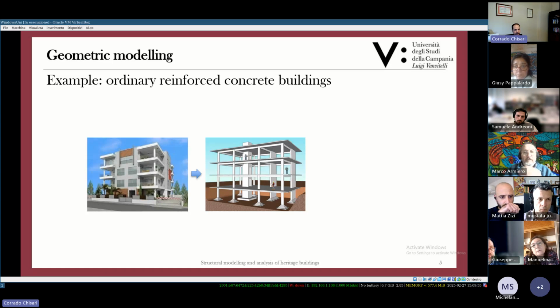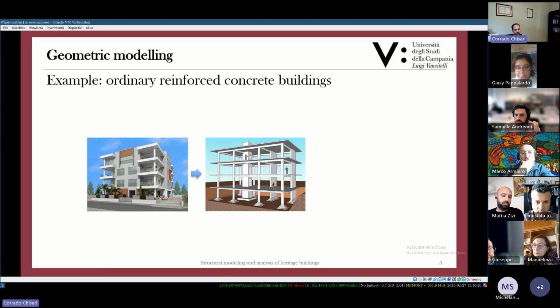In this case, they are the slabs carrying the floor loads. We've got the beams, the columns, structural walls, if any, and foundations. So this is the geometric model, the structural skeleton of a reinforced concrete building.